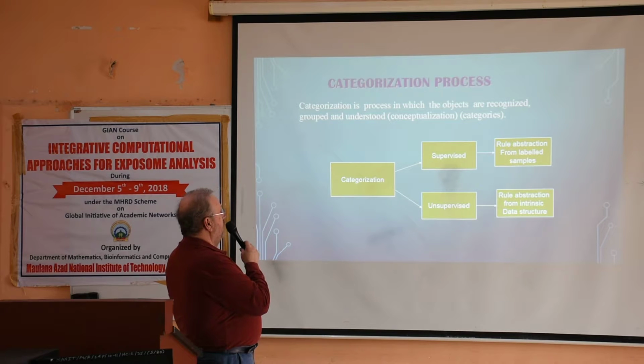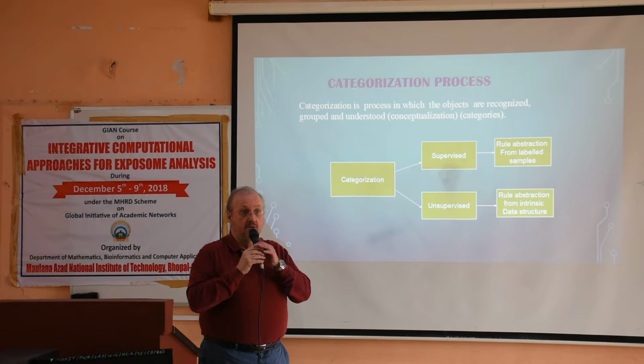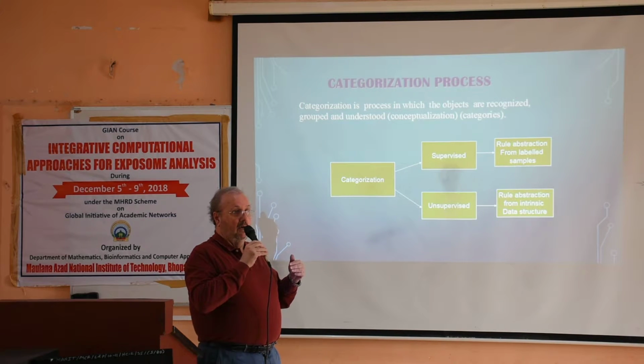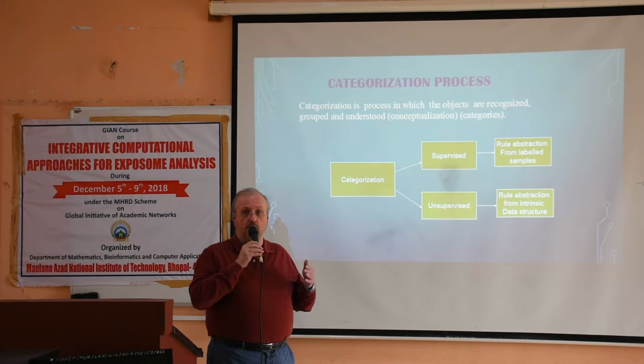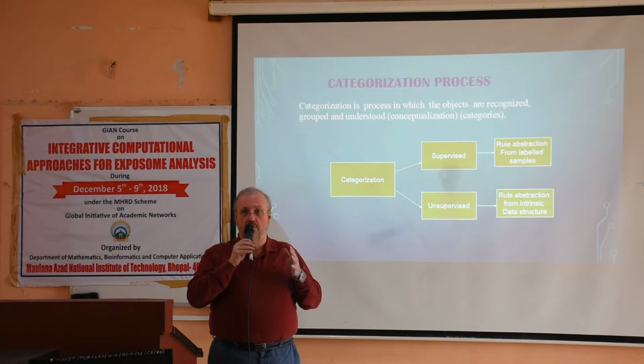In the supervised case, the rule abstraction is from labeled samples, that is, classical supervised systems. I can classify with a neural network because I have a good training set.